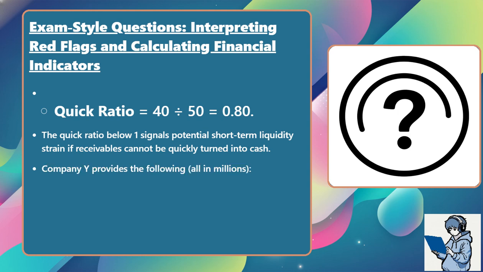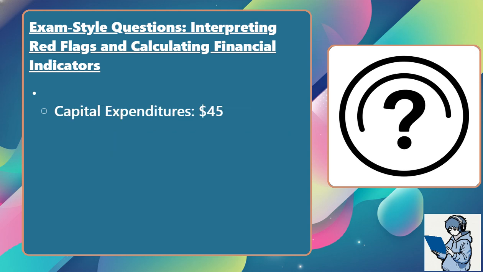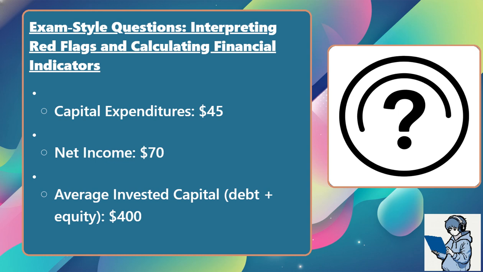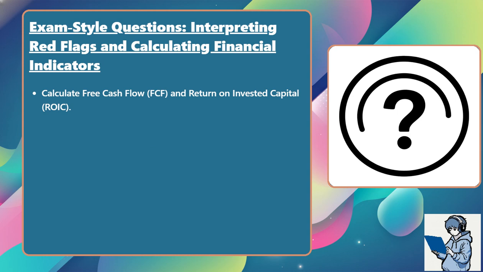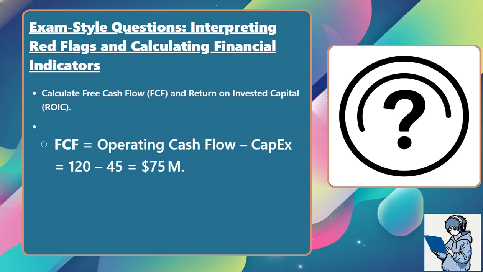Company Y provides the following, all in millions. Operating cash flow $120 million. Capital expenditures $45 million. Net income $70 million. Average invested capital $400 million. Calculate free cash flow (FCF) and return on invested capital (ROIC). Free cash flow equals operating cash flow minus capital expenditures equals 120 minus 45 equals $75 million.